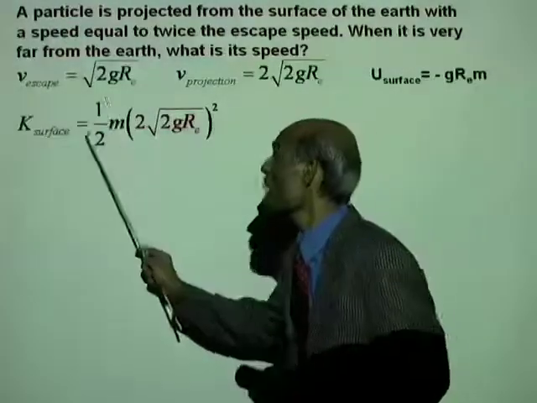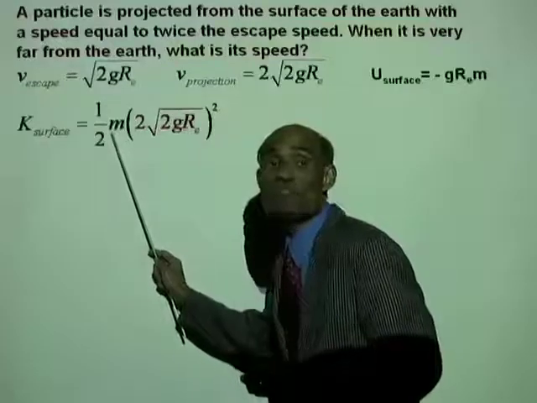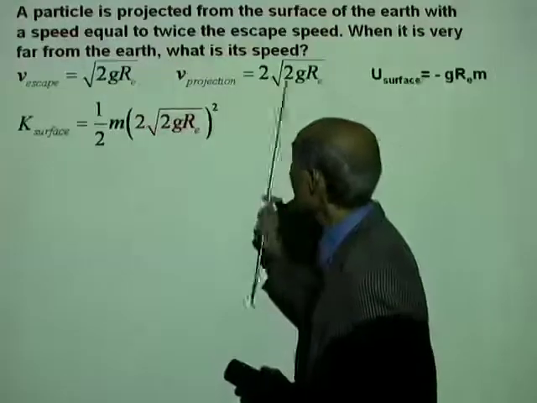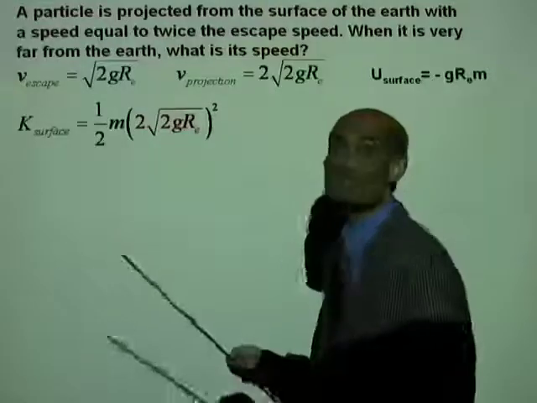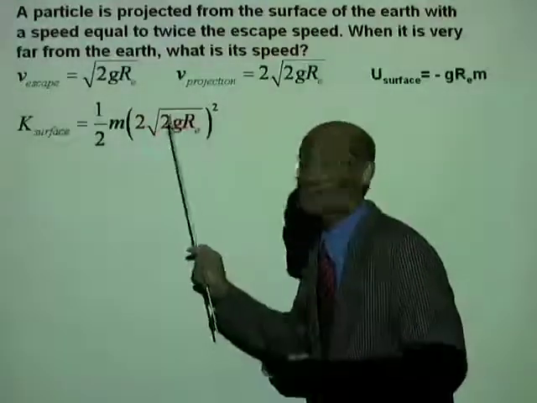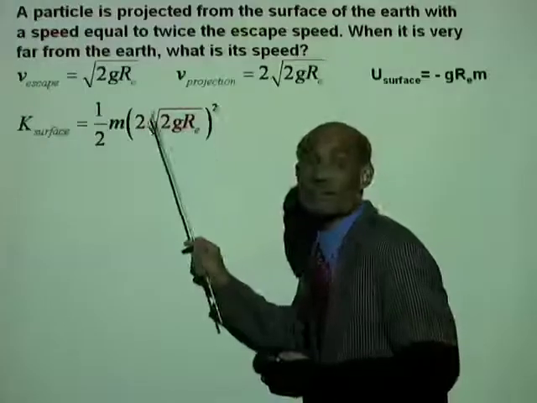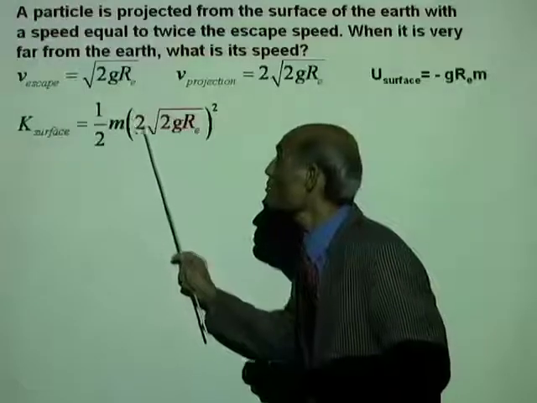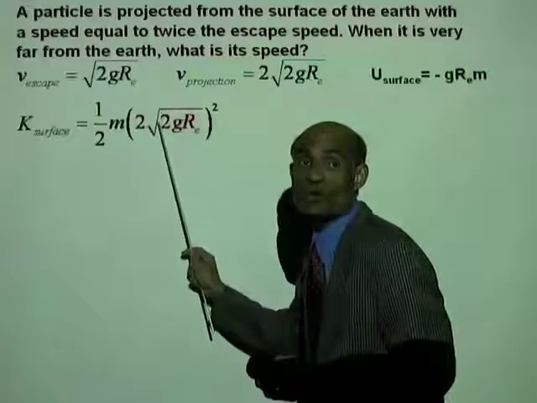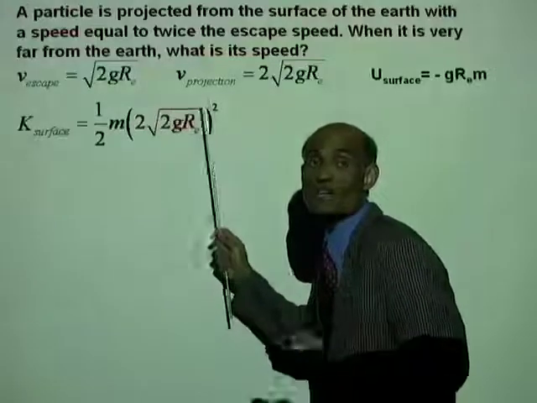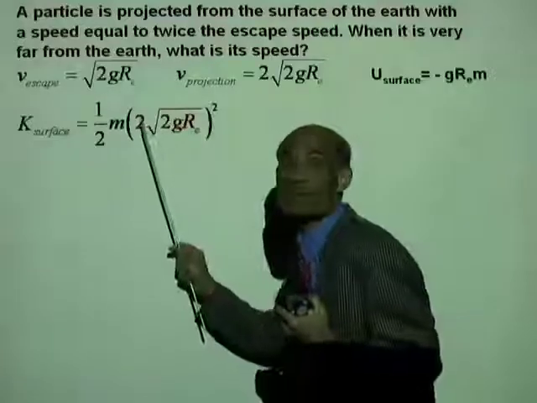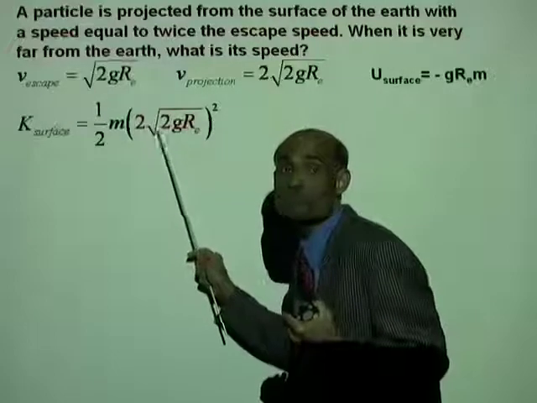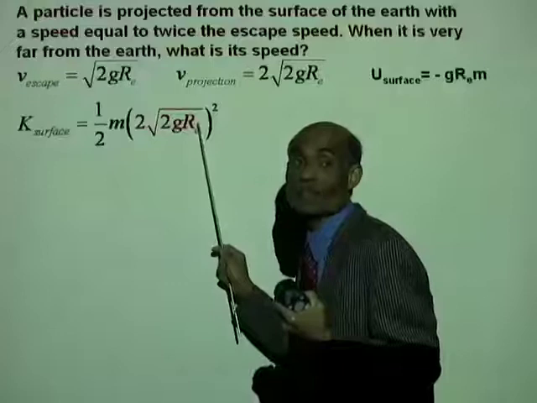Kinetic energy is 1/2 mv squared, and the velocity of projection is 2 times square root of 2GRE. When you square it, squaring 2 gives 4, and squaring the square root sign removes it. So it becomes 4 times 2GRE.